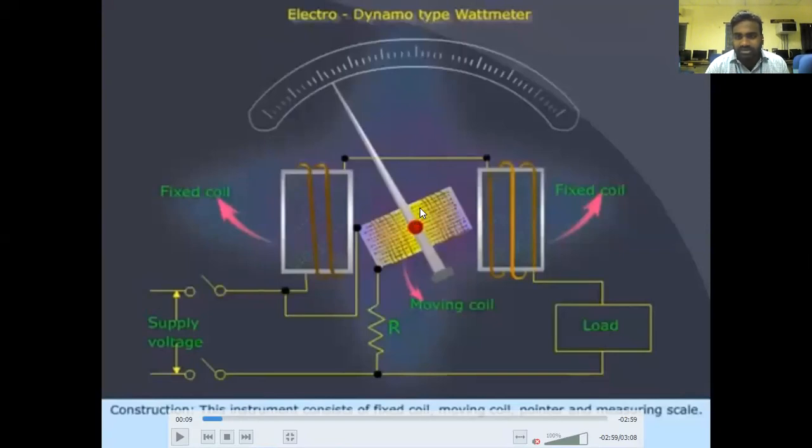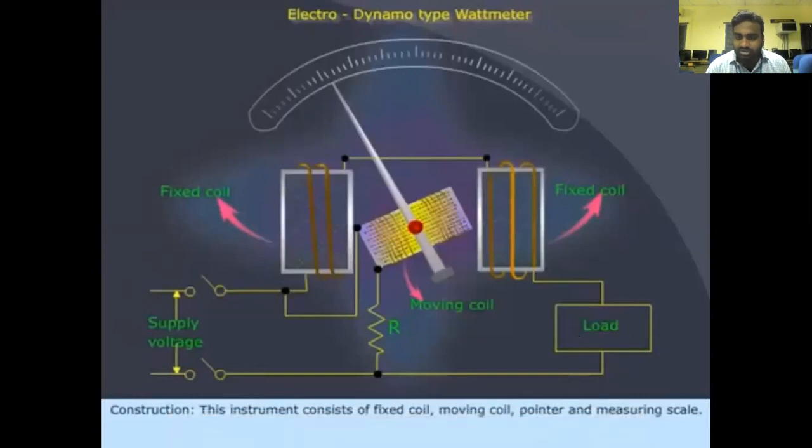This is our moving coil. The moving coil is connected in between the two fixed coils and in parallel to the supply voltage. A resistance is connected next to the moving coil, and at the end we can see the load. Supply voltage is given to the moving coil, and supply current is given to the fixed coils.